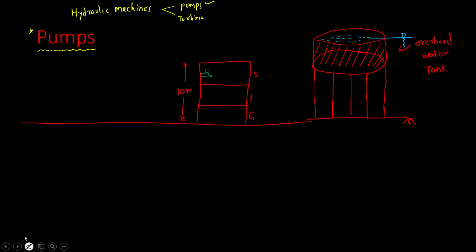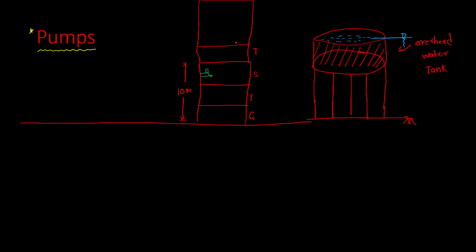Now to understand what I am asking, I will increase the height of the building. This is the third floor, fourth, this is the fifth one, and this is the sixth floor.